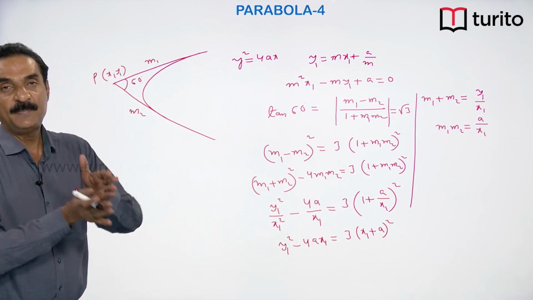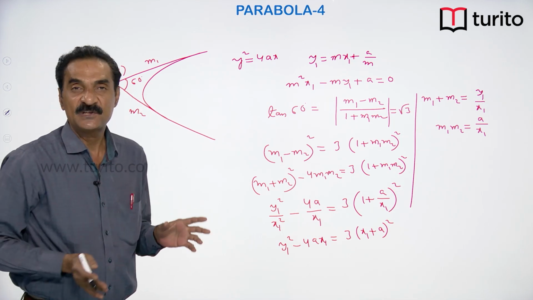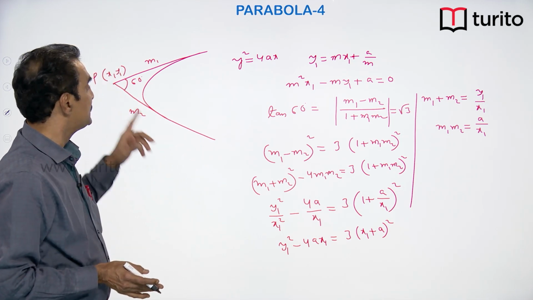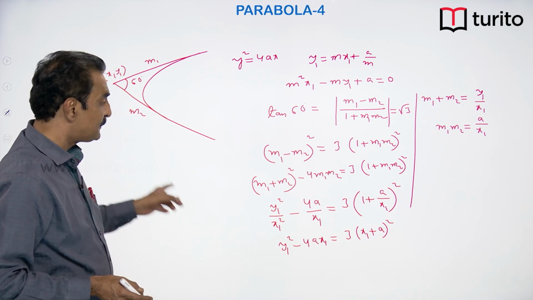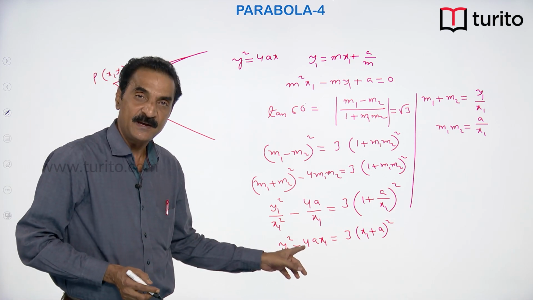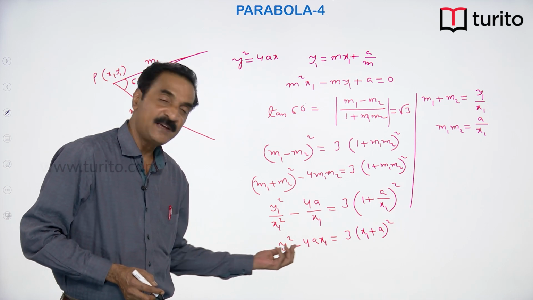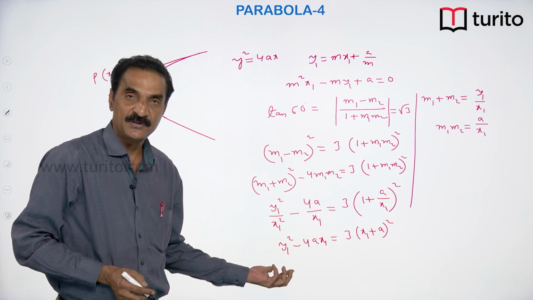So, if the angle between the tangents from a point P x1, y1 is 60 degrees, then the locus of P x1, y1 can be obtained by replacing x1 by x and y1 by y in this condition.